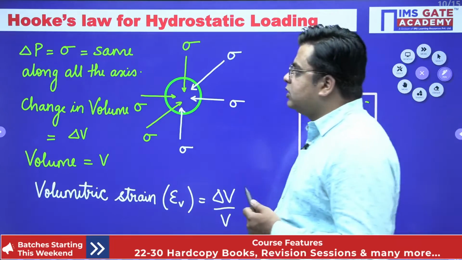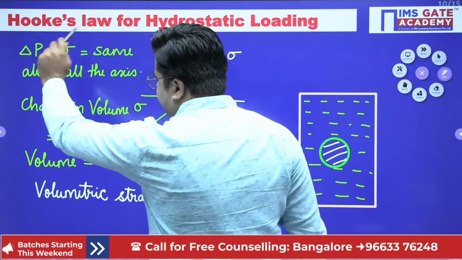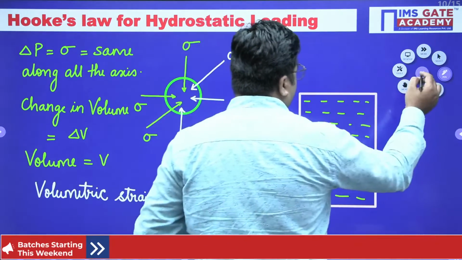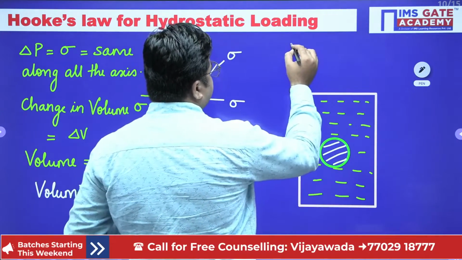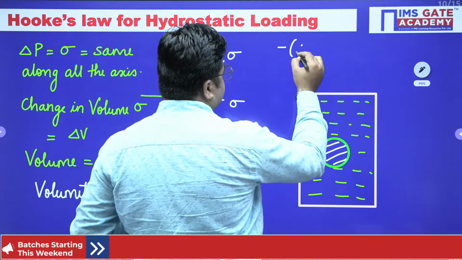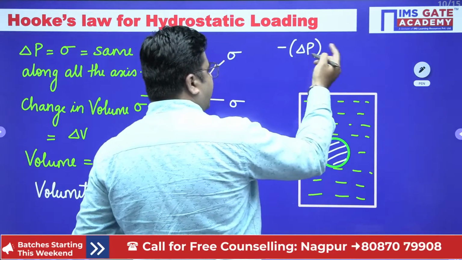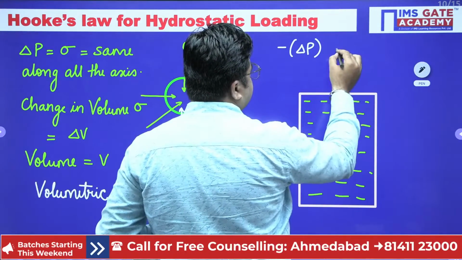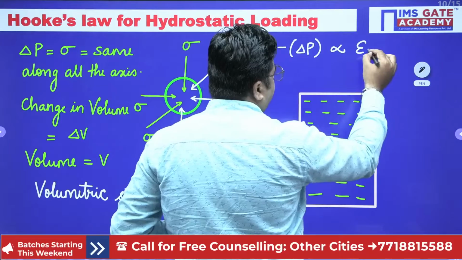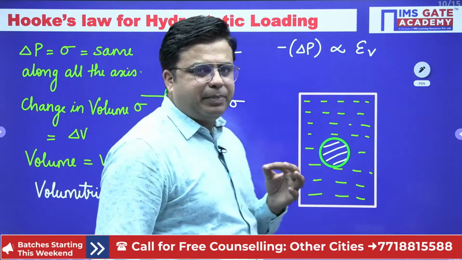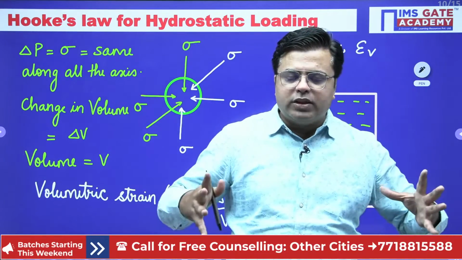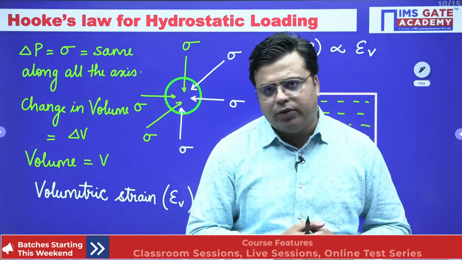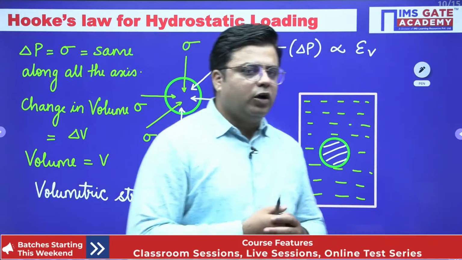Again, Hooke has given the law between your change in pressure and your volumetric strain. According to Hooke's law, minus delta P, because it is of compressive type, is directly proportional to your volumetric strain. It is as simple as that to understand. The more pressure you apply, the more change in volume you will observe, and the more the volumetric strain.